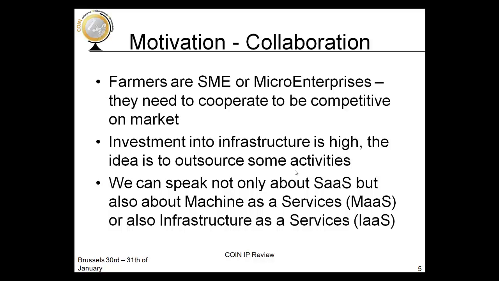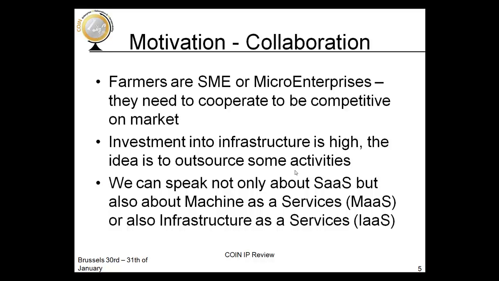It is not only investment in the land or the buildings, but also in machinery. And in many cases, this machinery is not used for the whole season, and there could be, or is, some investment which is only necessary for a small part of the season.